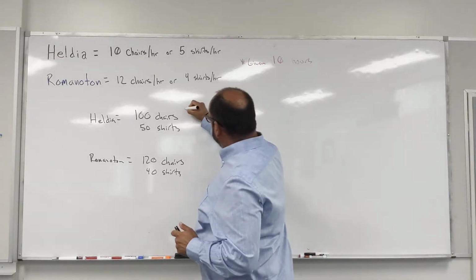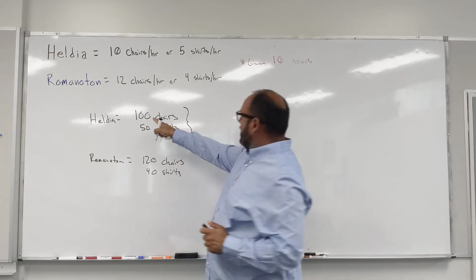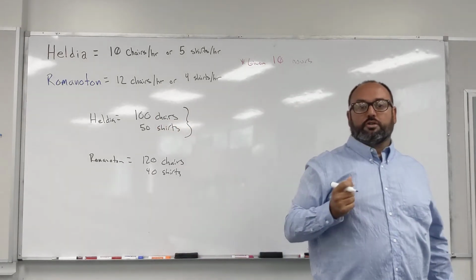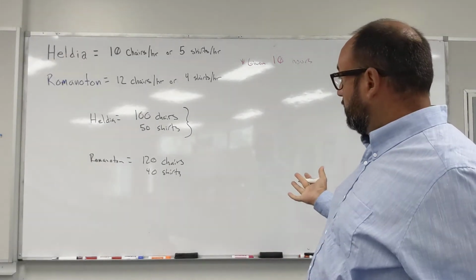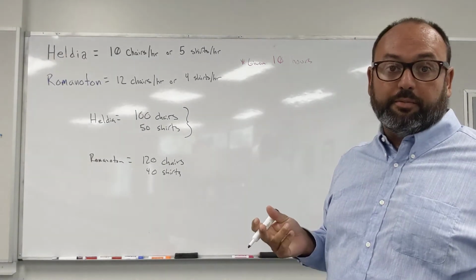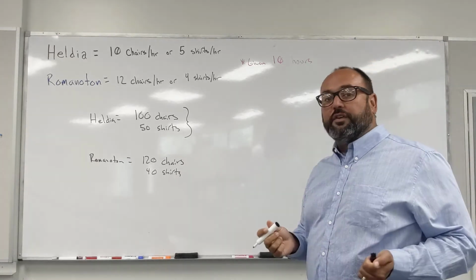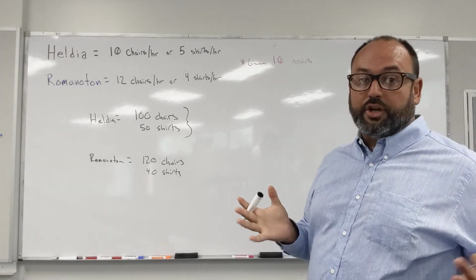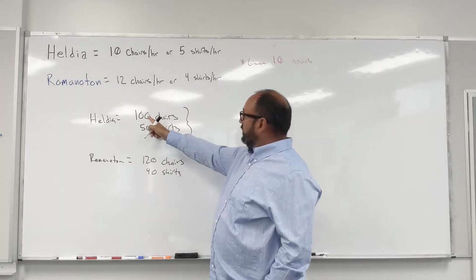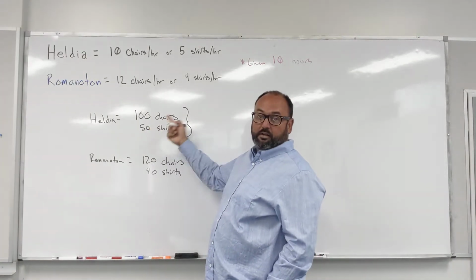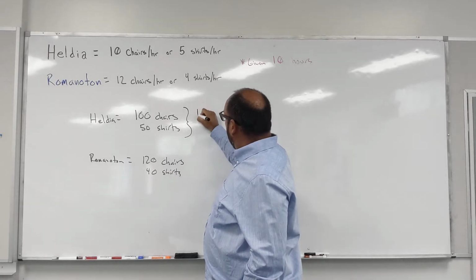And for Heldia, every time they produce a shirt, they will be giving up a chair. And every time they produce a chair, they'll be giving up a shirt. Can we figure out the ratio of this exchange? And the answer is yes. So how do you convert 100 to 50 into a simpler ratio?